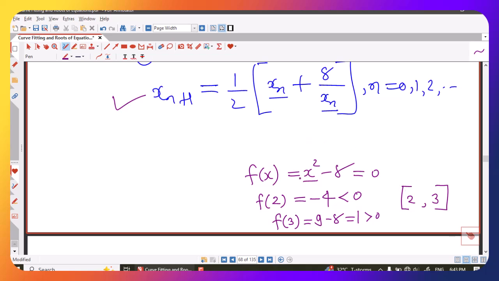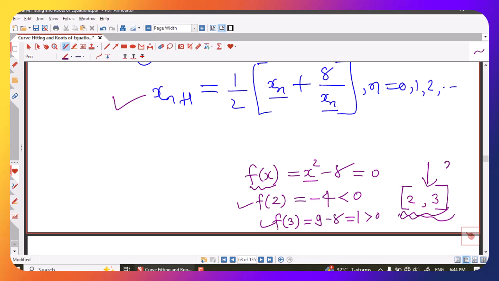There is no strict rule that you find this type of interval containing the root in Newton-Raphson method, but to select our initial guess appropriately, we will follow this pattern. If the initial guess to the root is not given, we can find two values of x at which the function has opposite signs, and we will have this type of interval which contains the root, and we can take any value in this interval as our approximation.